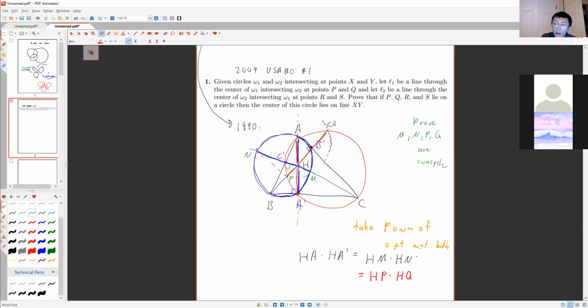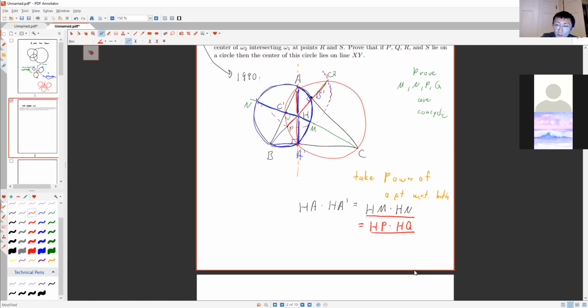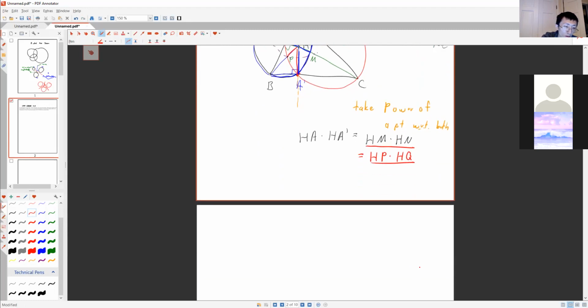Oh, hey, what is this? What do these two being equal say? Well, we didn't prove the converse of power of a point, the regular old power of a point theorem.